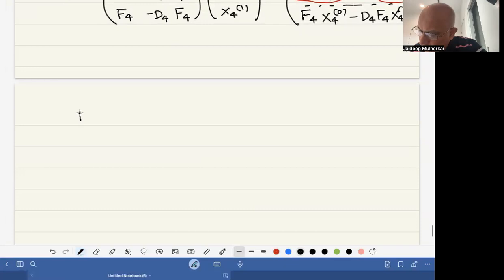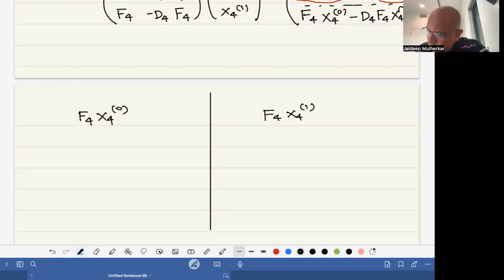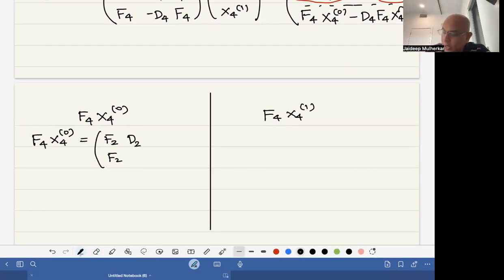So again, using the theorem, F4 x4 of 0 is equal to the block matrix F2, D2 F2, F2, minus D2 F2, where D2 is a 2 cross 2 diagonal matrix, applied to P4 of x4 of 0.